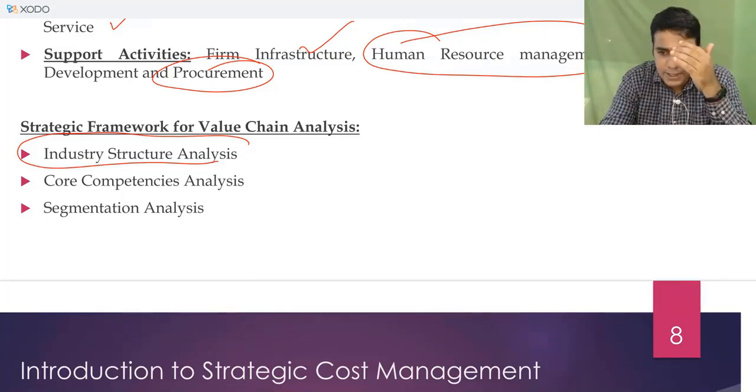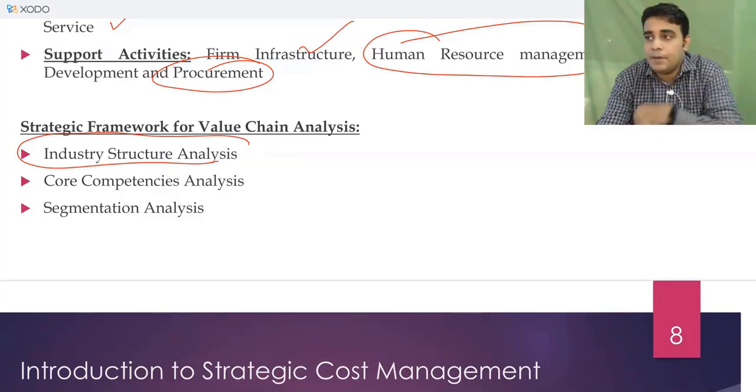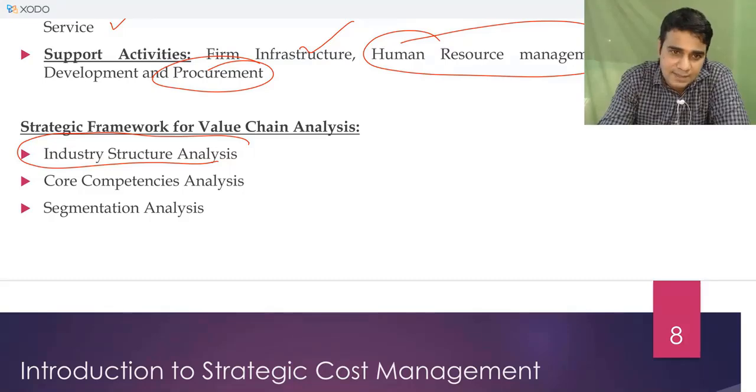For example, in the education industry, I can be in CA teaching, NEET, engineering teaching, or MBA teaching. I have to decide where I want to enter. I cannot keep having a presence across entire segments, because in some of the segments my strength is not there. So let's not try to fight it out in that segment and unnecessarily lose focus.